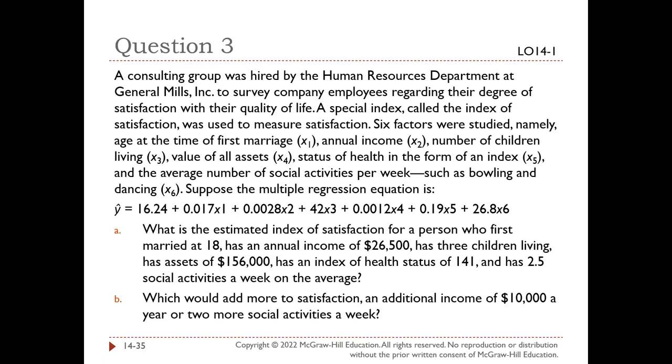So if I take 26.8 times 2, that's 53.6. Well, I'm only getting like 28 points from here for that 10,000. Doesn't compute. So social activities win on this. Add more social activities.